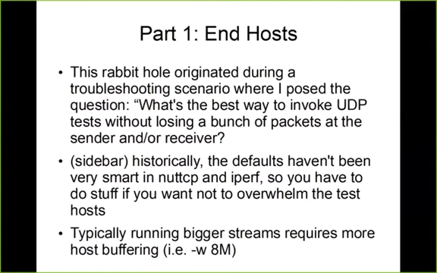So part one is about end hosts and looking where packets go in end hosts. This particular rabbit hole, there are many, originated during a troubleshooting scenario when I posed a question on a Perf Club call: what's the best way to invoke UDP tests without losing a bunch of packets at the sender and/or the receiver?